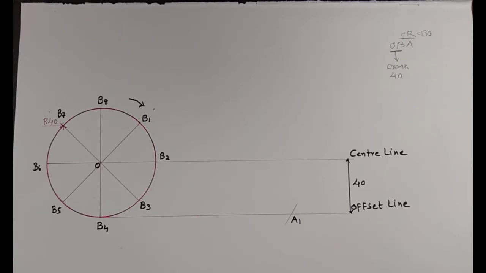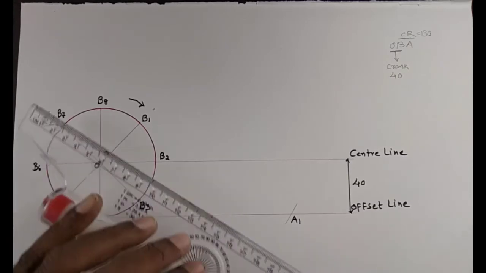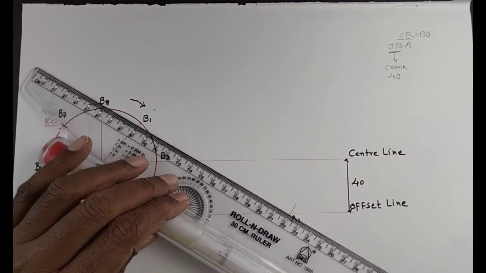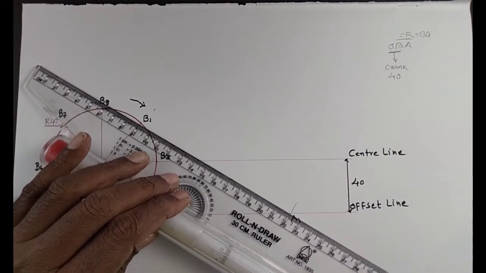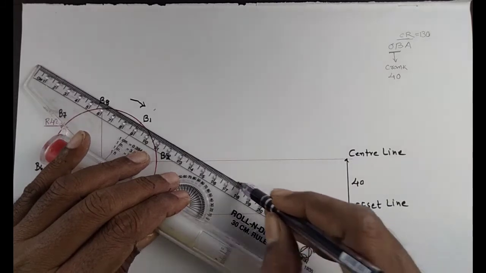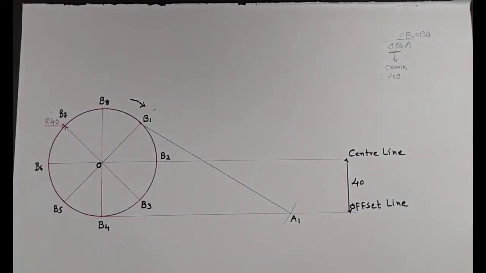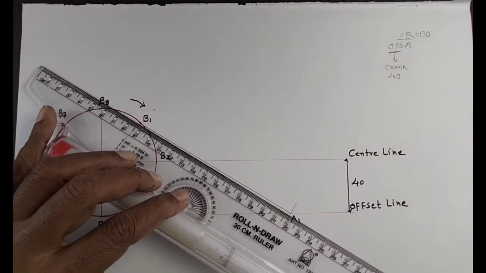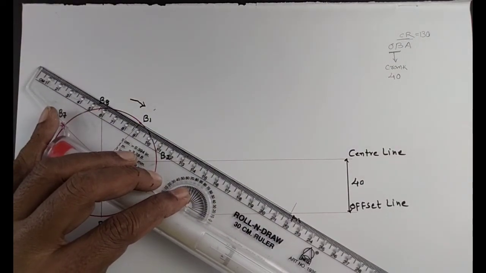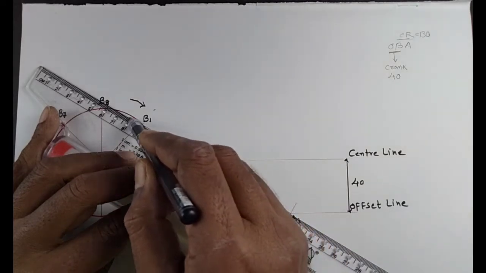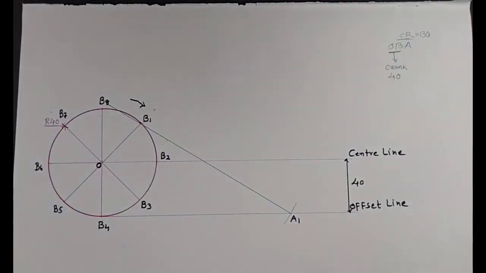Now you join A1 B1 with a straight line, and you try for collecting your two extreme points.